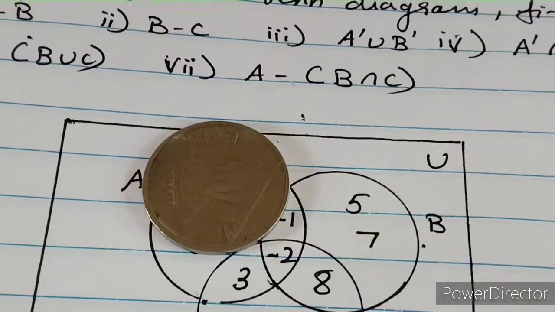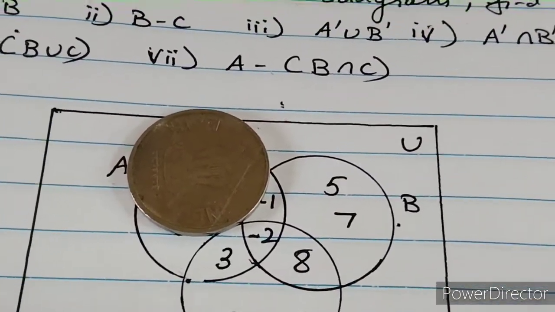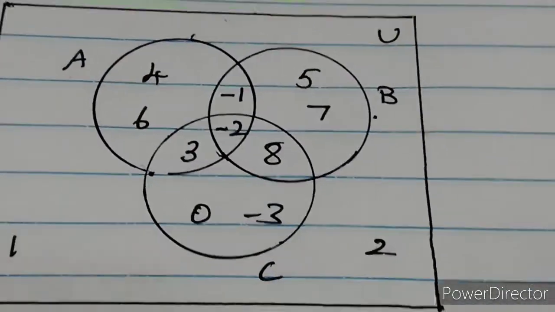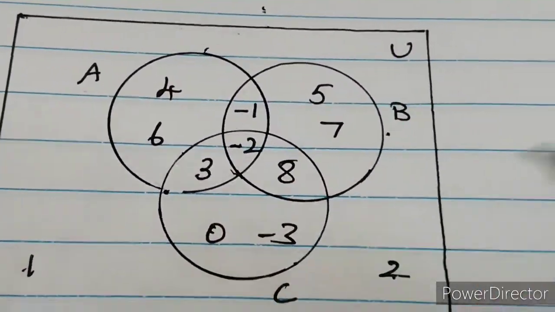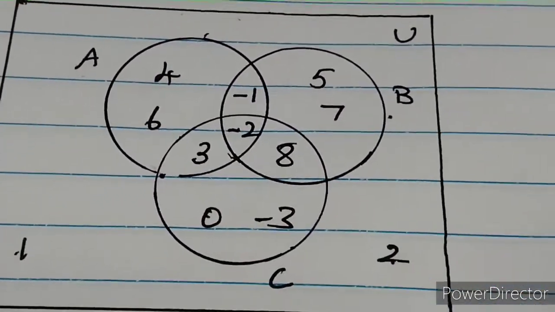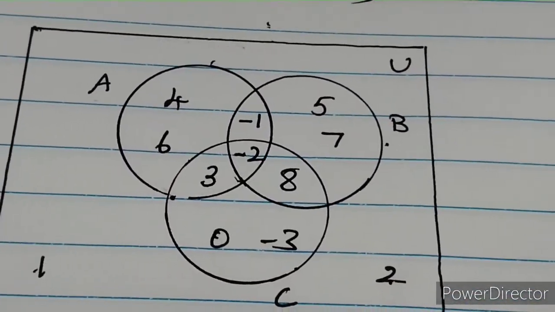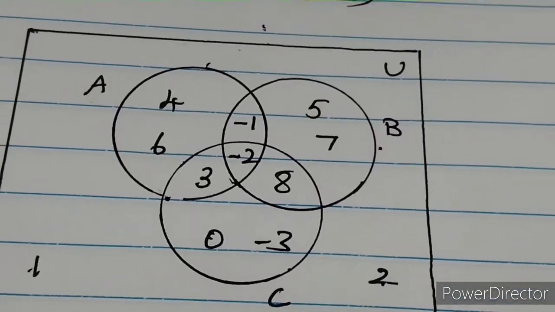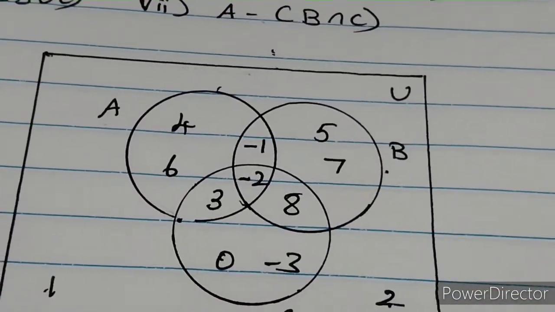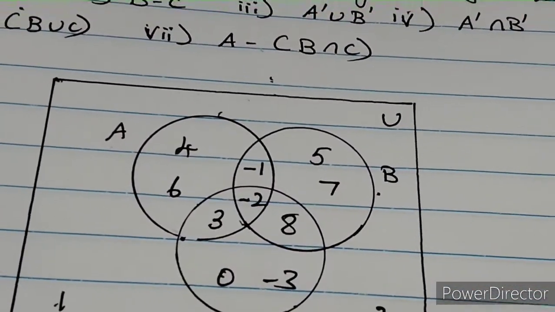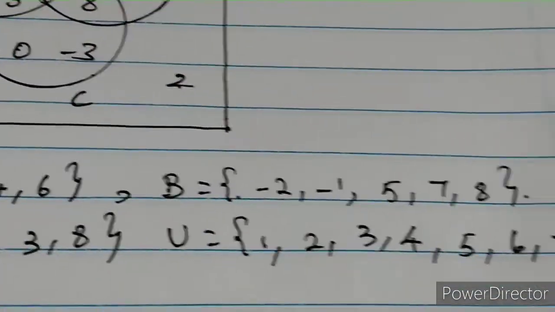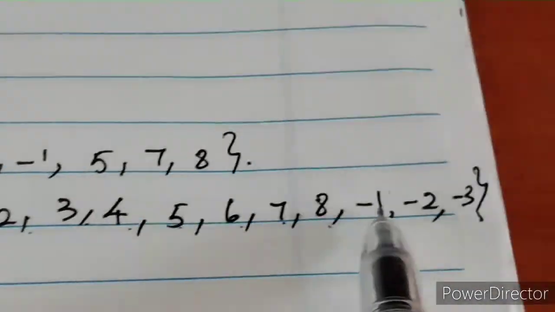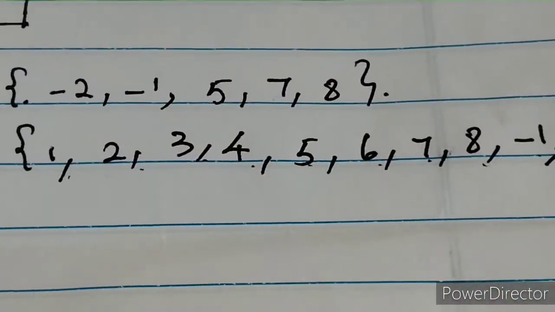And then the universal set: you have to write all the elements. That is 1, 2, 3, 4, 5, 6, 7, 8, -1, -2 and -3.